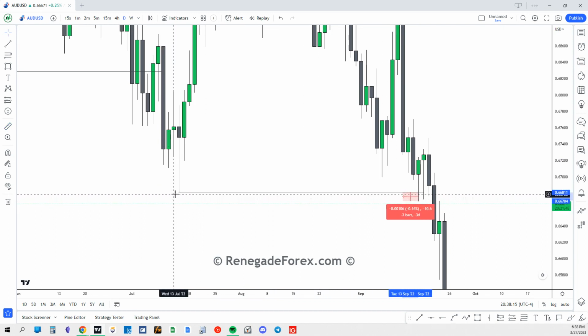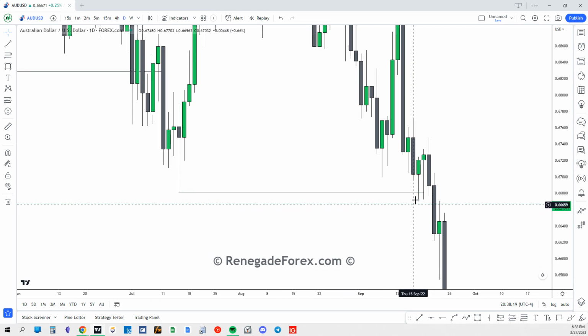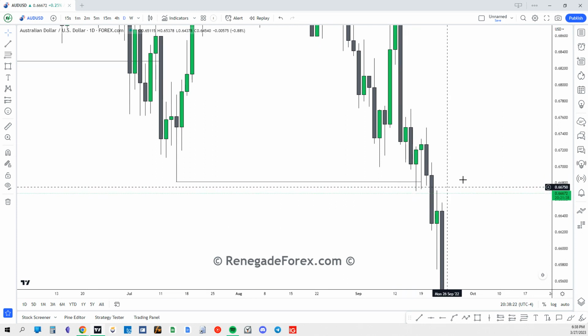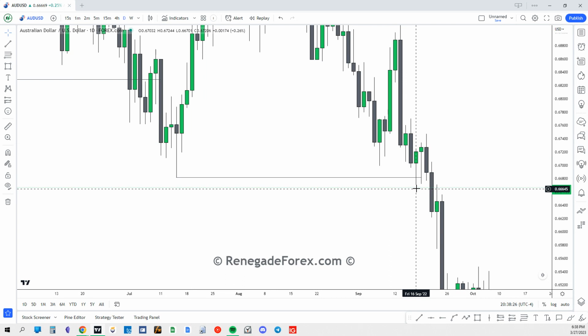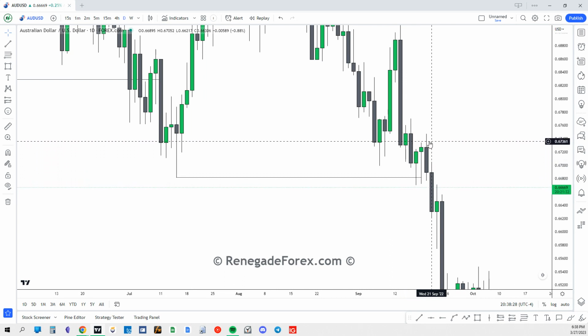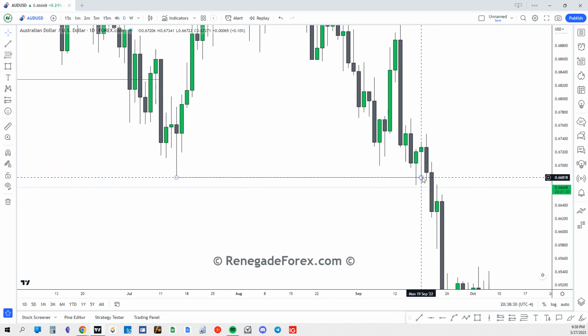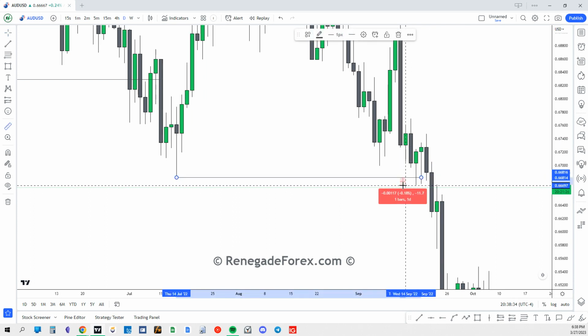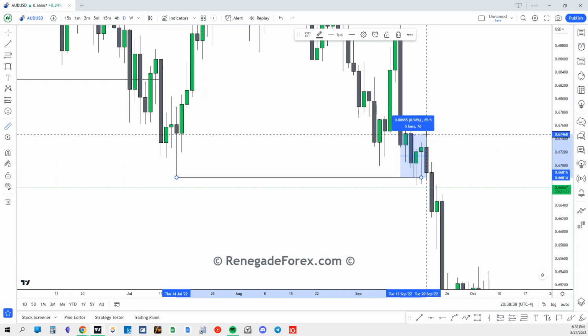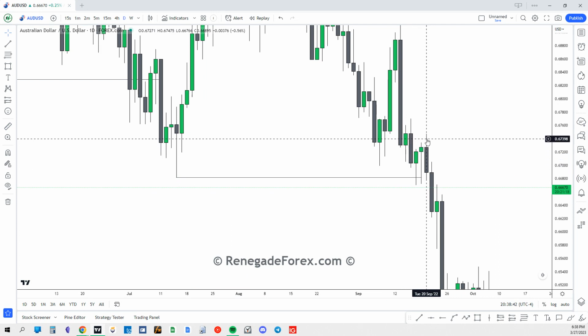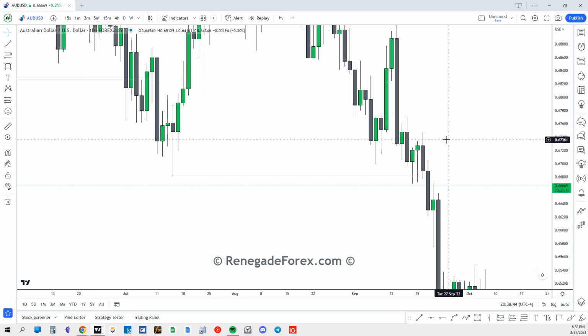If people have pending orders here trying to catch the breakout of this low, that would trigger their sell limit orders, and then price trades back up and would likely stop them out, because if you get a 10 pip move down and then the trade goes against you, 60 pips to this high right here, obviously you're not going to hold that very long and you're going to close that trade.